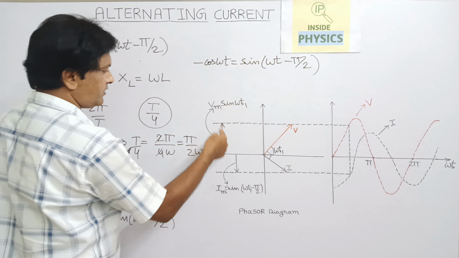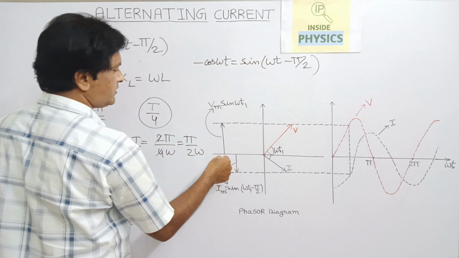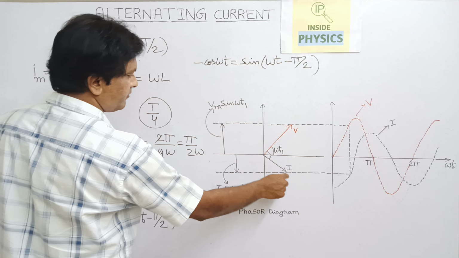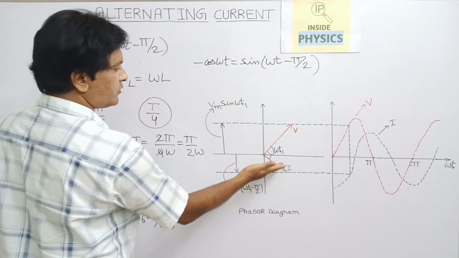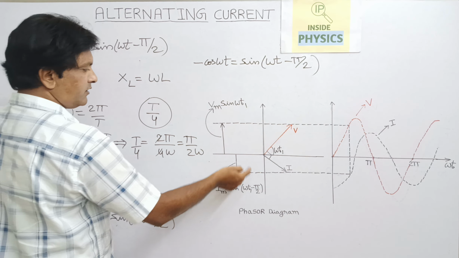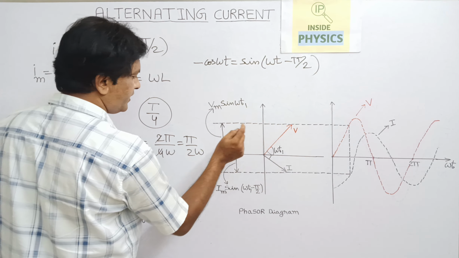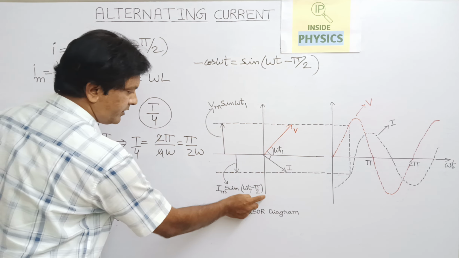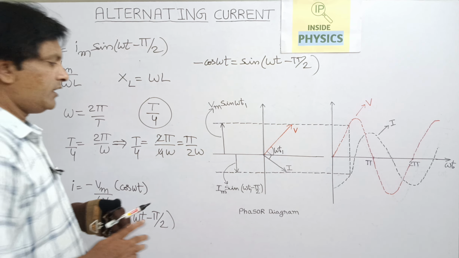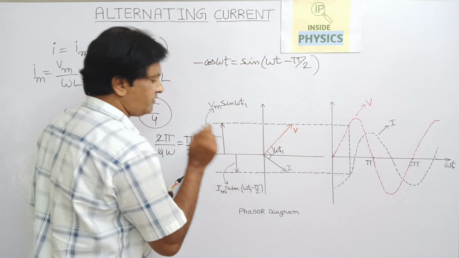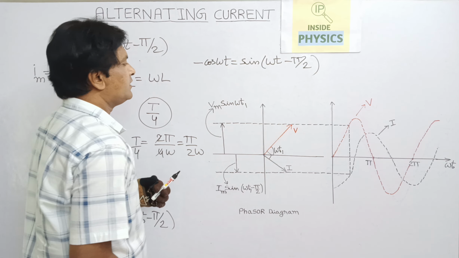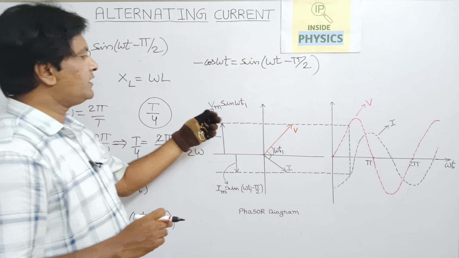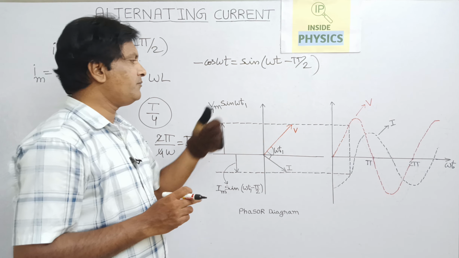The vertical component of this current phasor, Im sin(omega t1 - pi/2), gives the instantaneous current at a time t1 behind the voltage. The vertical component of the voltage phasor gives the instantaneous voltage at a particular time t1.